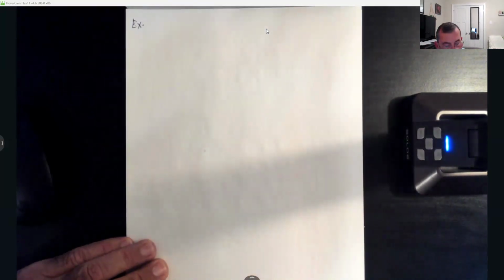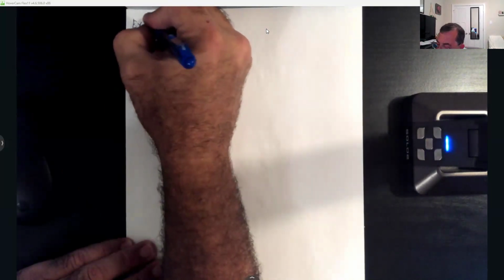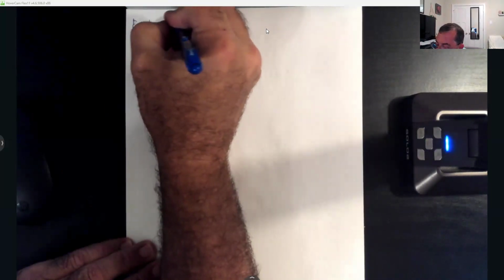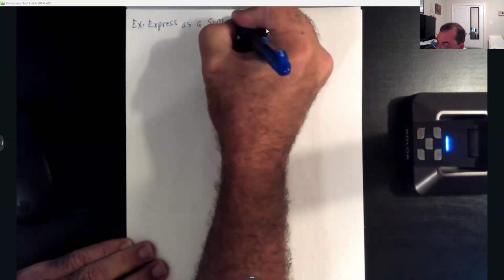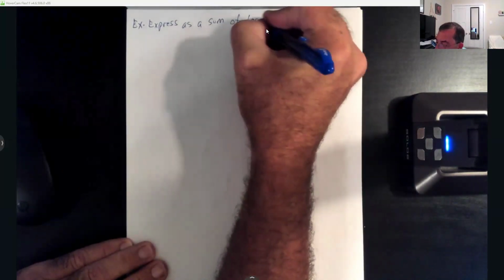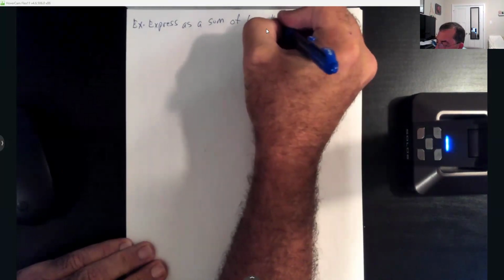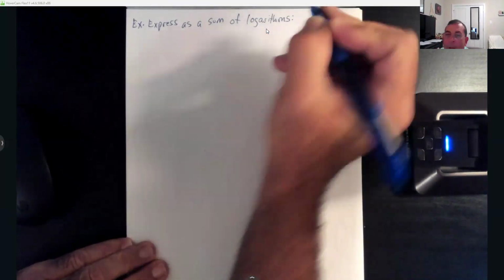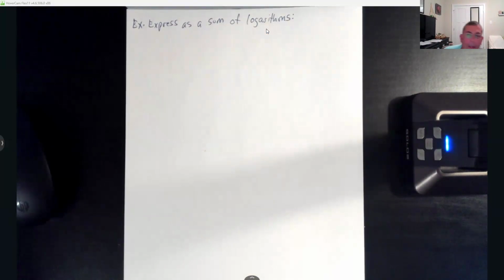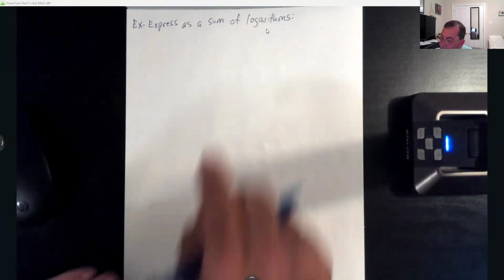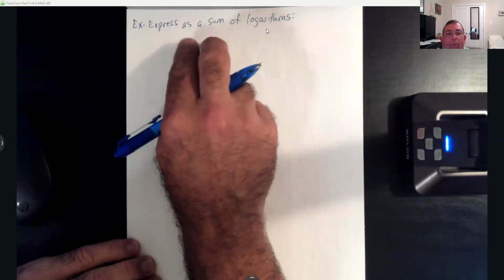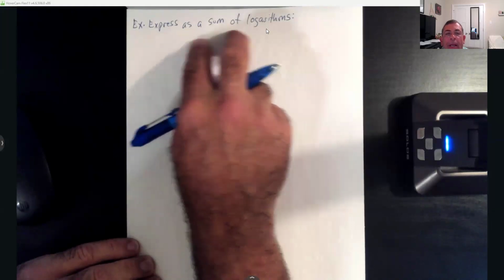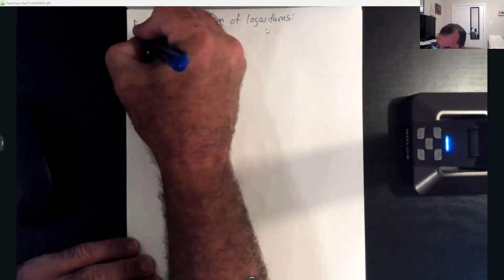So for the first two examples, we're going to express as a sum of logarithms. Well, the only property that had anything being added was the product rule, which says I take a product and I rewrite it as a sum.